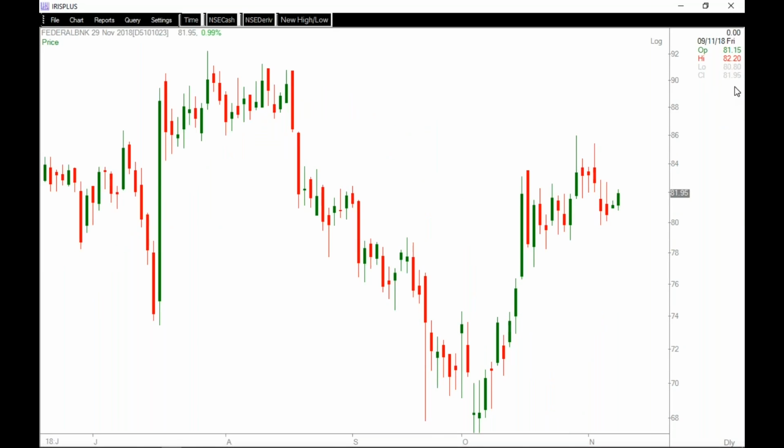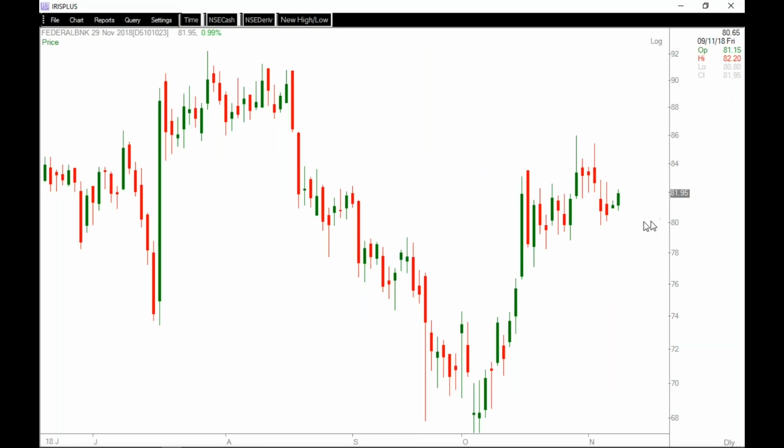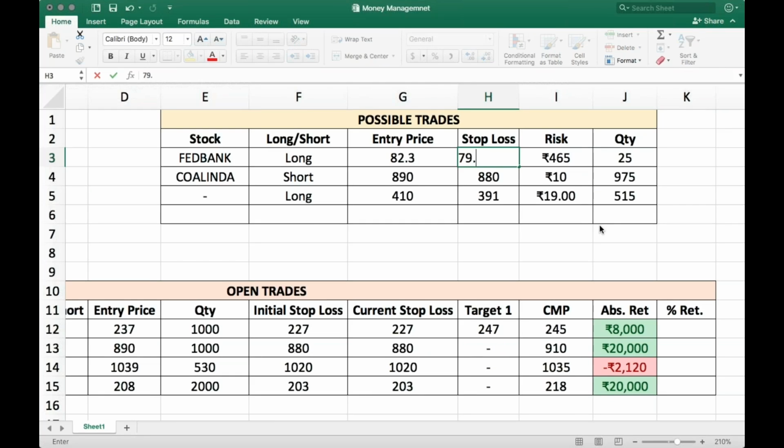and we look to enter at 82.20, so let's say 82.30 is my entry price, and we will be using a stop loss of somewhere here, so let's say 79.85, so let's say 79.75.